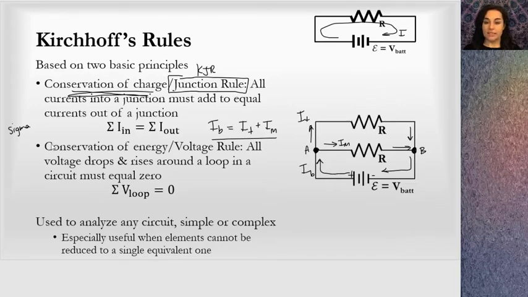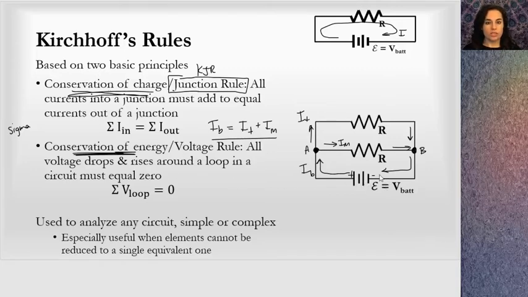The next concept, the big principle that's used for circuit analysis, is conservation of energy. When we think about the battery, it's applying a potential difference. There's an electric potential energy, QV, in there for all the charges. And we'll get to the power delivered by a circuit with resistors. But that's how we think about it, is conservation of energy.